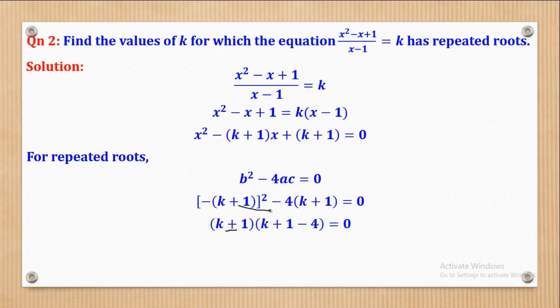Here remain with k plus 1, which is here, and here remain with negative 4, which is here. Now this negative has gone because of this square. Simplify. 1 minus 4 is negative 3. Therefore, when this is equal to 0, k will be negative 1. When this is equal to 0, k will be 3. And that is what they wanted.